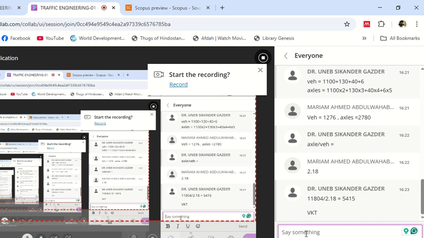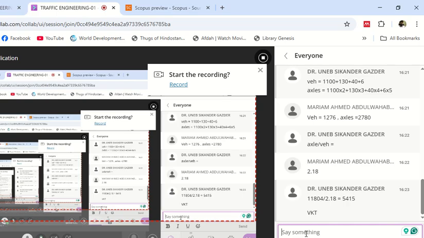Now the volume itself can be hourly. In the example which we did now, the volume was 12 hours. The example which we did in the previous lecture was 8 hours. So the volume itself can be for different time periods, and the same thing will happen with VMT as well.